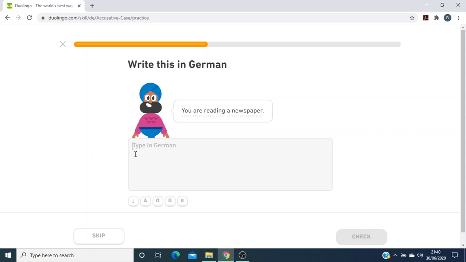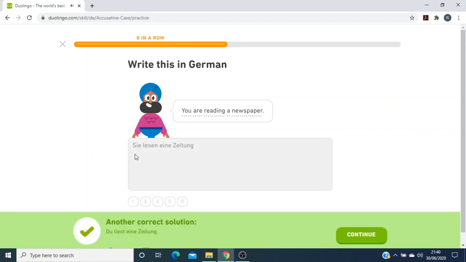You're reading a newspaper. Or yeah, du liest eine Zeitung. I'm jumping the gun a little bit here, but if you are using Sie as the formal version of you, you have to capitalize it when you're writing it, and when you're speaking it, they can usually guess by context. So let's continue.